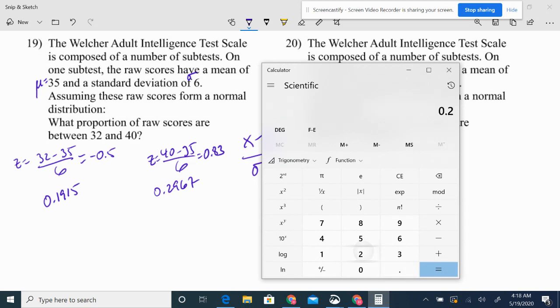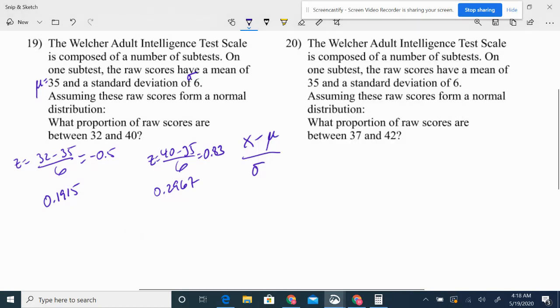I'm going to go 0.2967 minus 0.1915. And I have 0.1052. All right, about 10.52% of the population are going to score between 32 and 40.